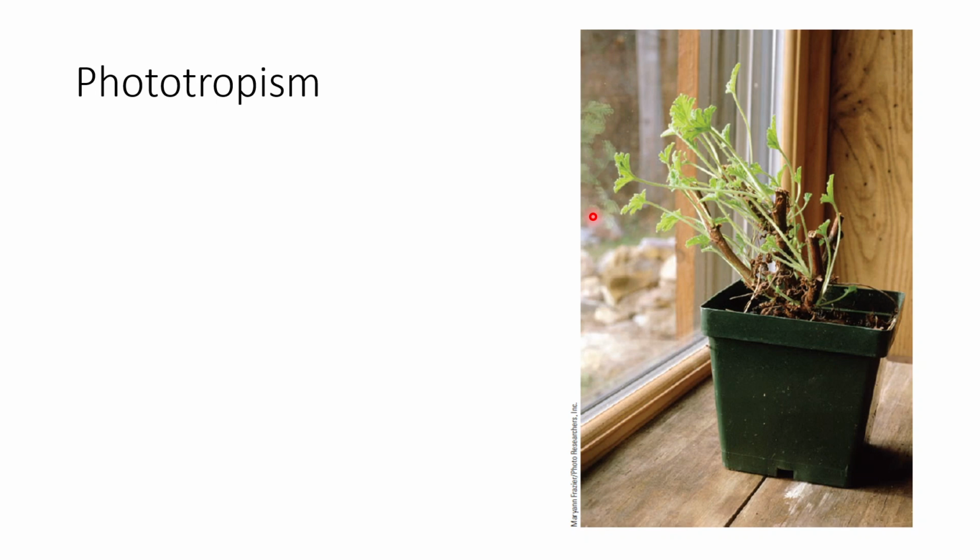Auxin moves downward along the shoot from its site of production, usually the shoot apical meristem. Young leaves and seeds are also sites of auxin production.